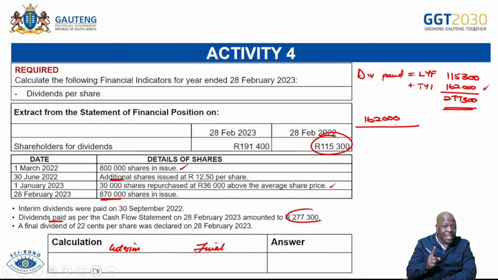How many shares did I have when I declared this interim dividend? When was it declared? Interim were paid on 30 September. That means we have the March, we added, you see with me?